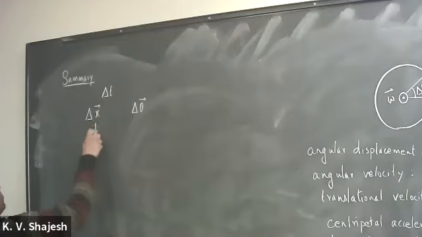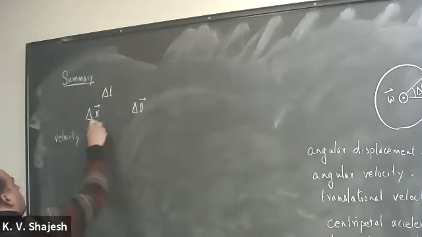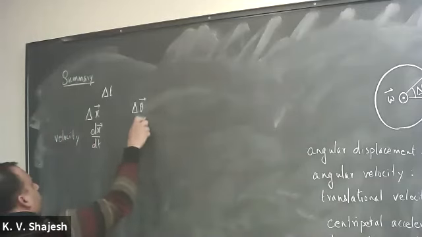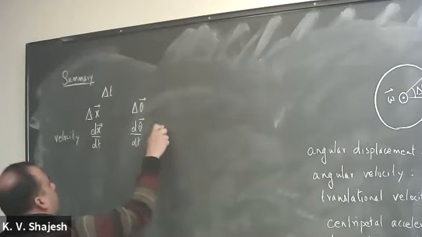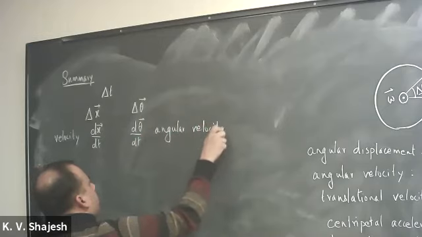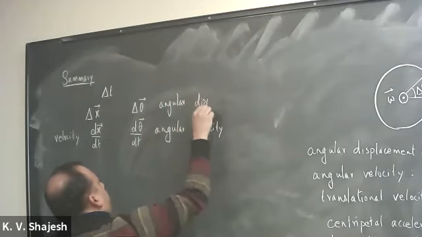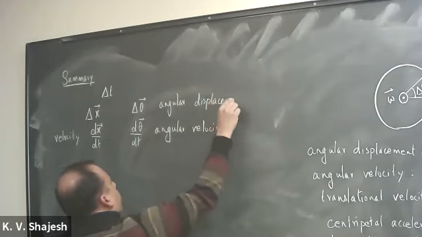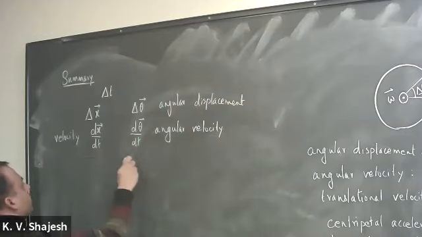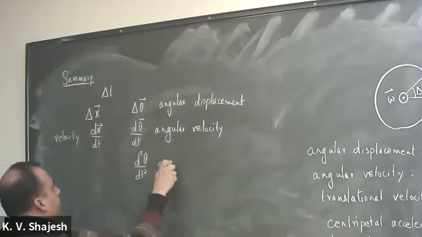Then we have dx by dt, or velocity, and d theta by dt, or angular velocity. And the second derivative of angle is angular acceleration.